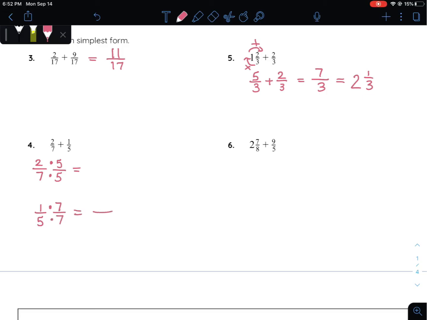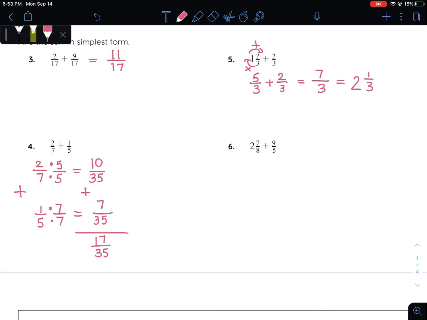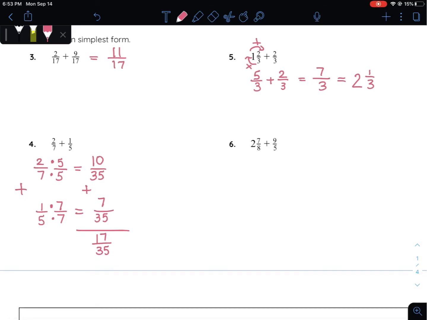Why? Because that's going to give me in both fractions a denominator, a bottom number of 35. So now they are the same things. 2 times 5 is 10, 1 times 7 is 7, and we're going to add these up. So we would get 17/35.